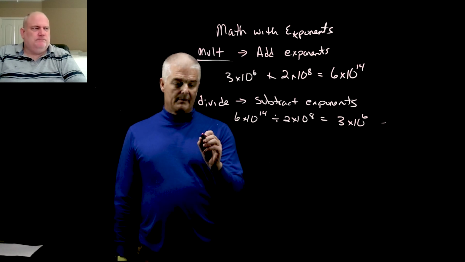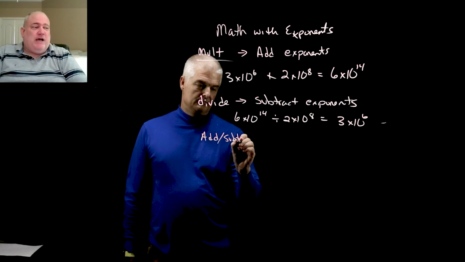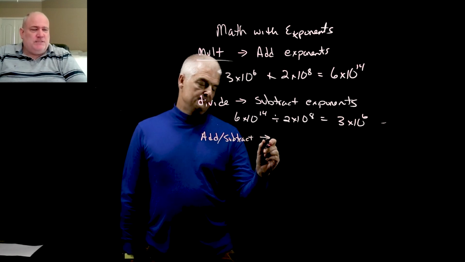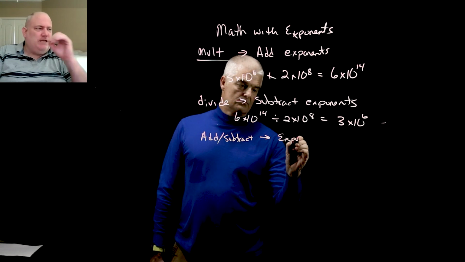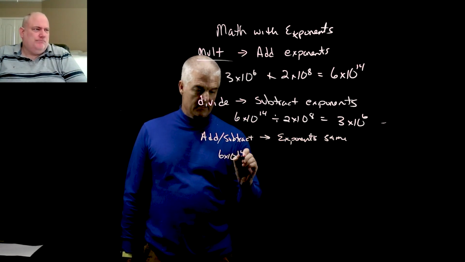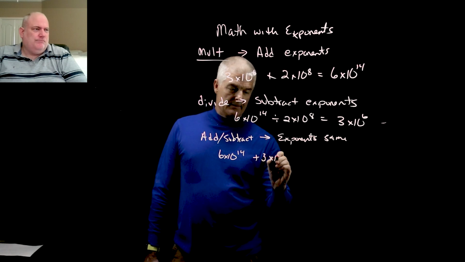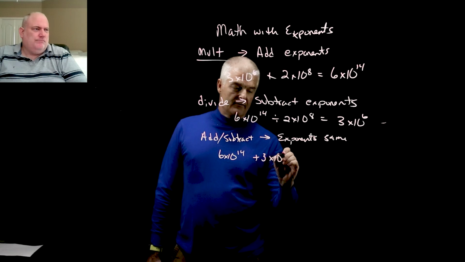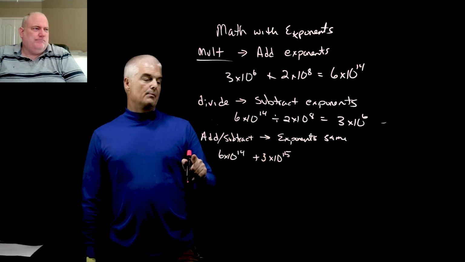Okay? And then what about add and subtract? This is actually the hardest thing to do because you have to go back to what we just talked about in shifting decimal places. You always have to make the exponents the same. So let's say I have 6 times 10 to the 14th, and I'm going to add 3 times 10 to the 15th. What I need to do is make them the same.